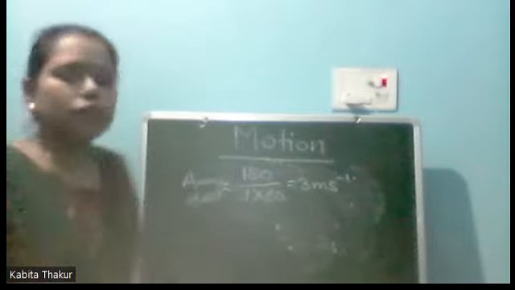Now, how are we going to find the average velocity? Initial plus final by 2. What is the displacement? Because she is returning back along the same path, the displacement will be 0. We are saying she is returning along the same straight line, so displacement is 0 in 1 minute.